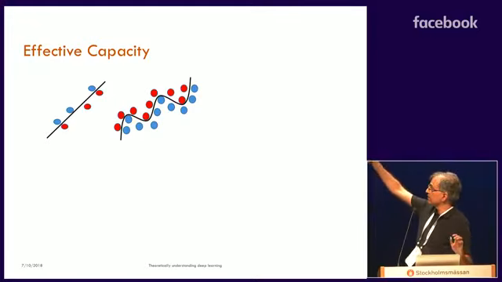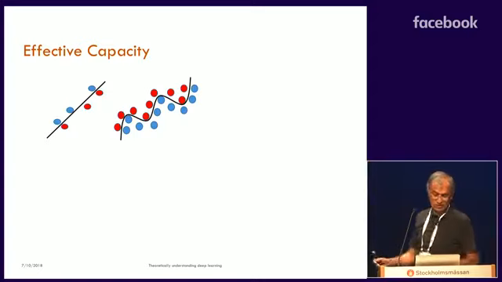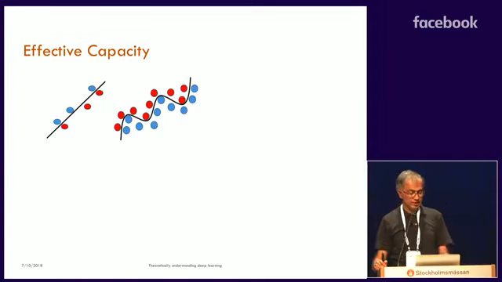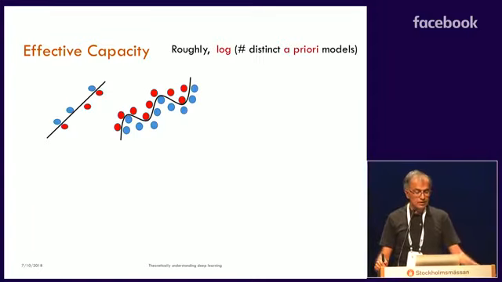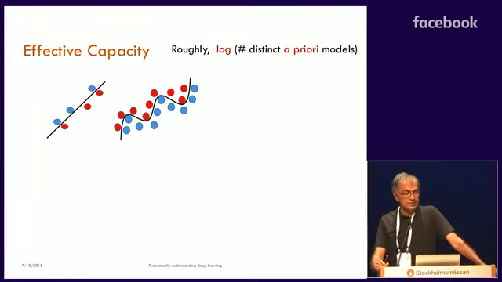complicated models, instead of linear, if it's got lots of oscillations, require more training data. So what is effective capacity? It's, roughly speaking, the log of the number of distinct a priori models.